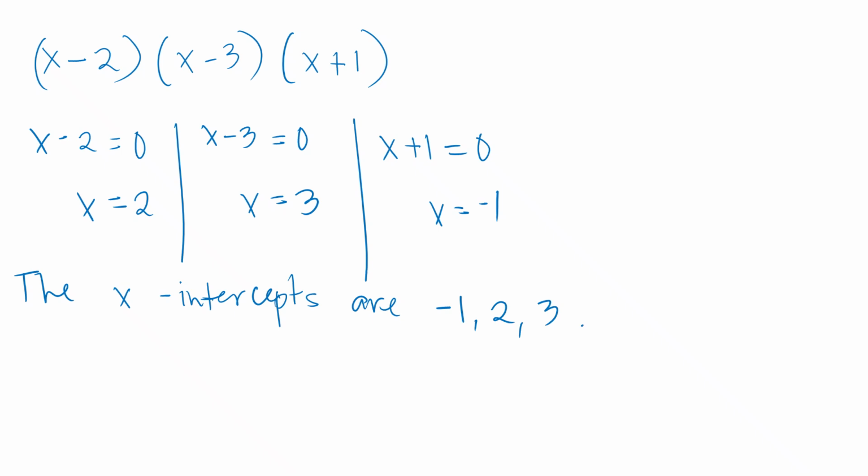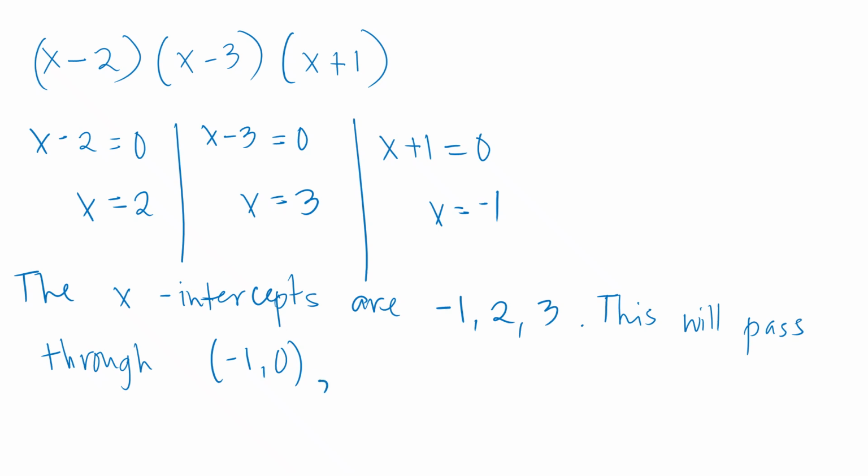Which means that the graph will pass through negative 1, 0. Diba? These are the points that the graph will pass through. 2, 0, and 3, 0. Okay, that's it.